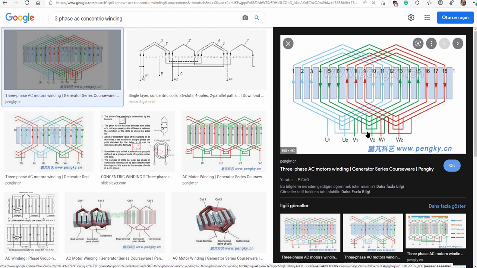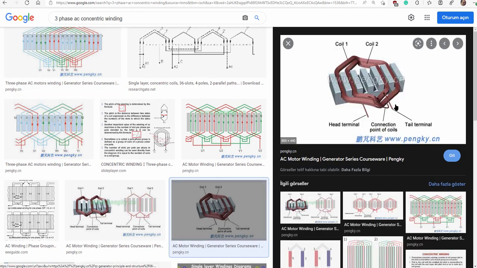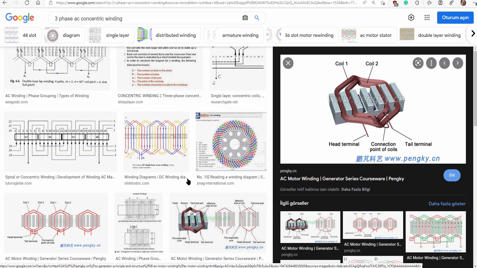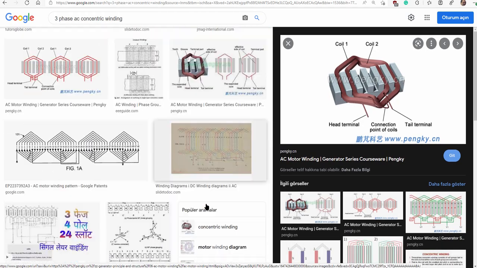Again, there's another color chosen for the second phase or third phase. There is another color chosen for the next phase. That shape looks like lap winding, belongs to lap winding. Perhaps you will see some more.